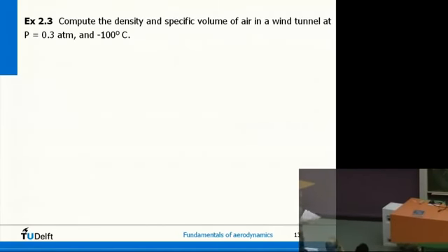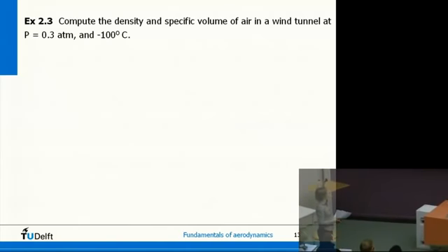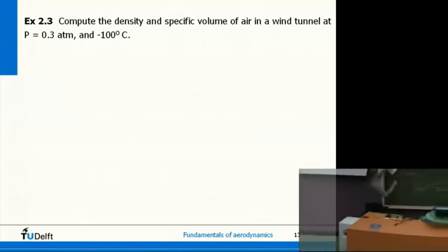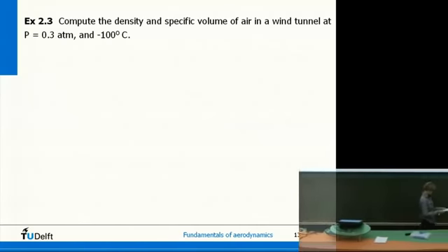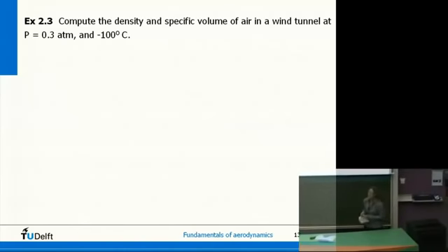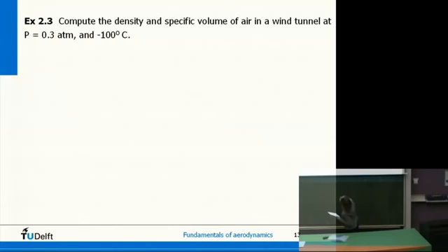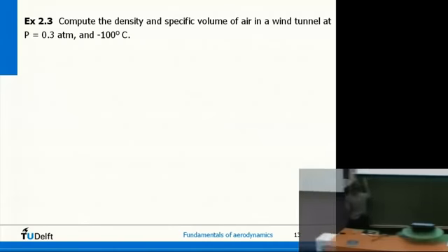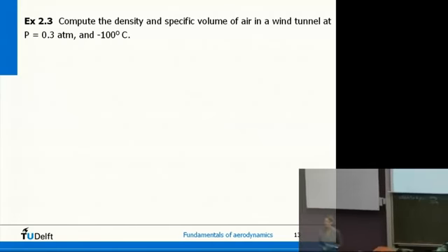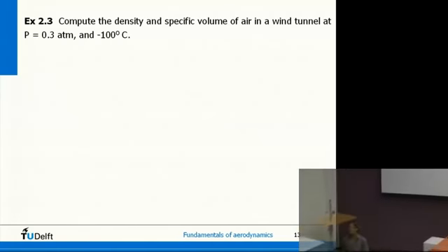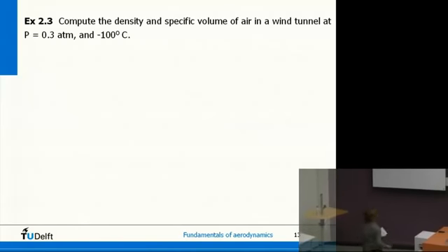Okay, and then you can do simple things like this: compute the density and specific volume of air in a wind tunnel at a certain pressure and a certain temperature. So how would you go about this? Choose the right units first. So let's see. Compute the density. We're looking for density, in kilograms per meters to the third. The right units: we have P in atmosphere and temperature in degrees Celsius. So how do we go from atmosphere to newtons per meter squared? 101,325. Exactly.